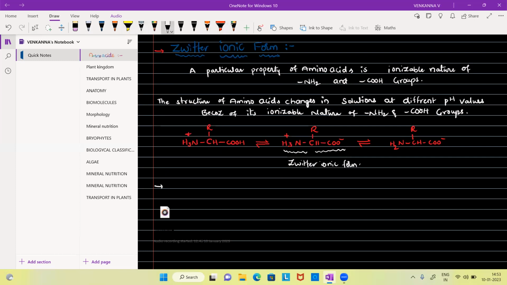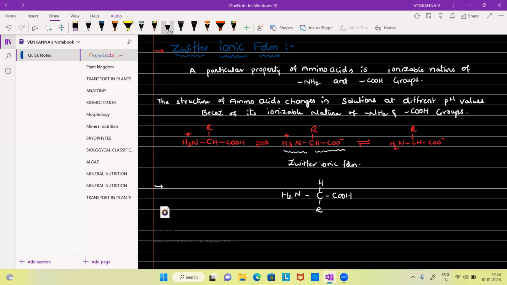Automatically the carboxyl group donates hydrogen. If we draw the general structure of an amino acid, it appears like this. This is a carboxyl group, this is an amino group, this is a hydrogen, and here is the free radical group.